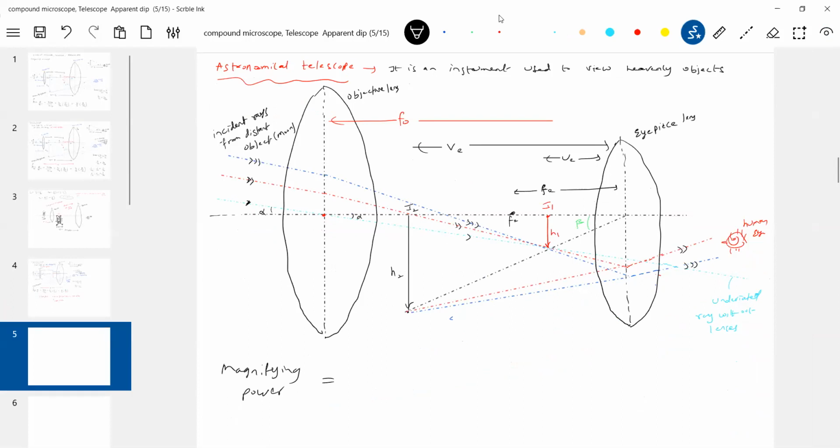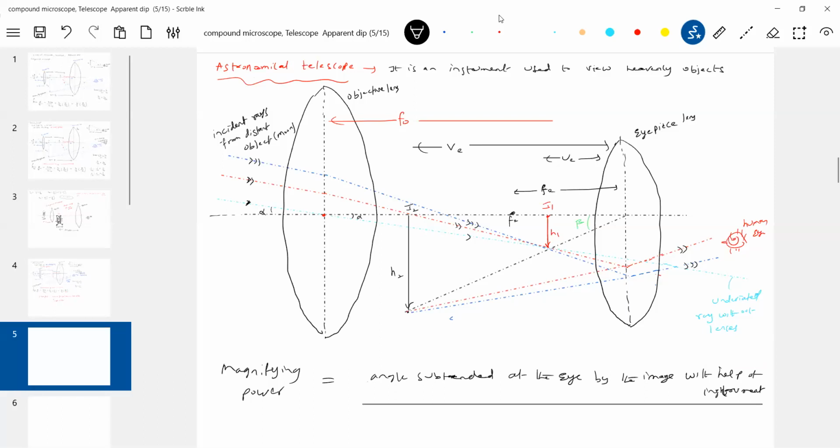This is for a telescope. It is defined as the angle subtended at the eye by the image with the help of the instrument, divided by the angle subtended at the unaided eye by the distant object. Okay, fine.